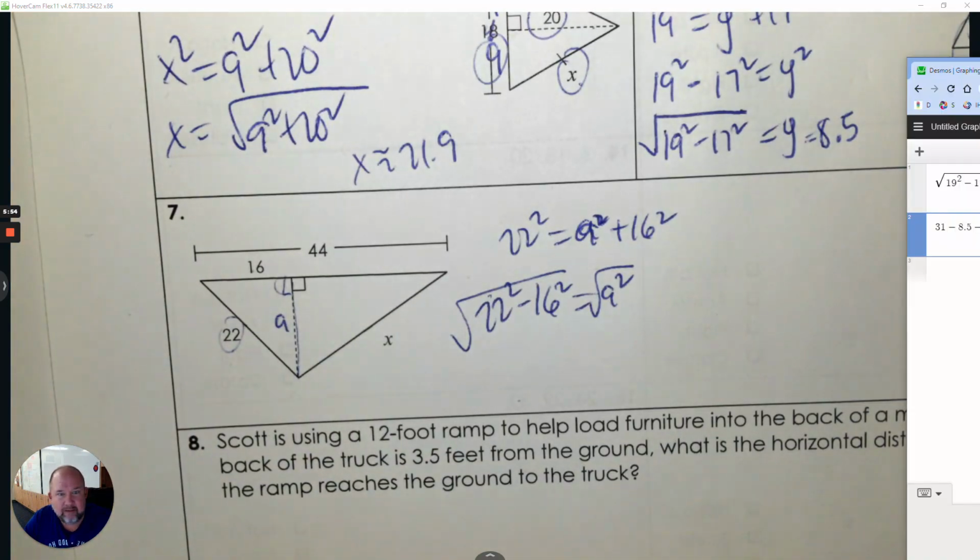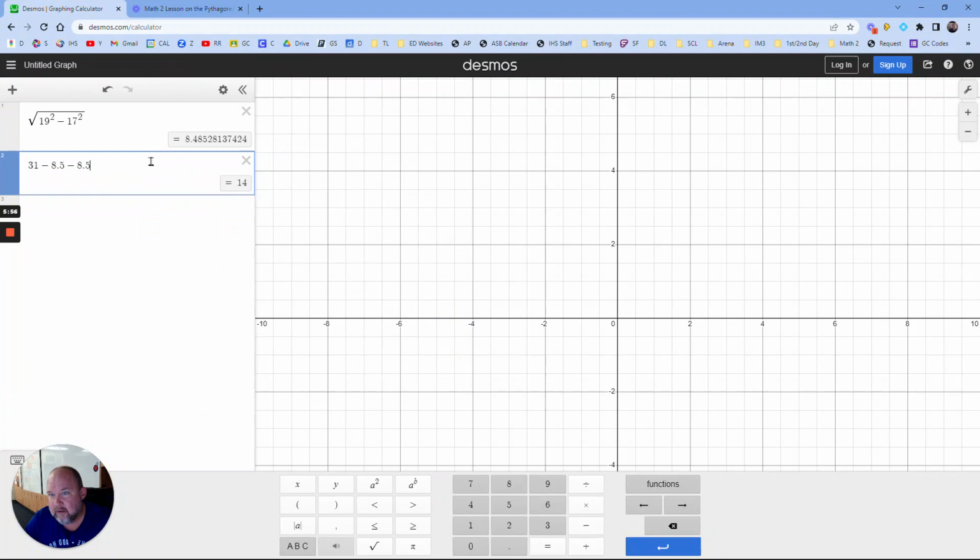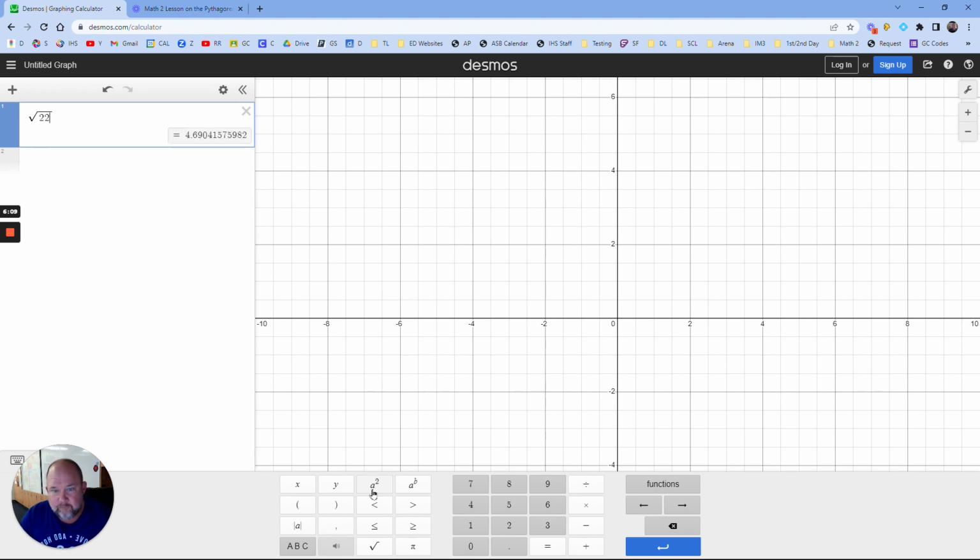So that's what I'm going to put in the calculator. The square root of, oops, get rid of this. The square root of 22 squared subtract 16 squared. That's 15.1.